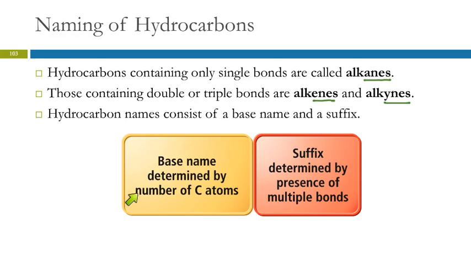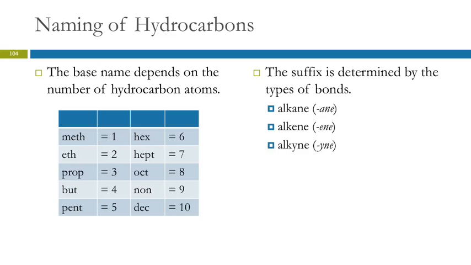The naming pattern here is we have a base name, and that name will be determined by the number of carbon atoms. And then the suffix is determined by whether there are multiple bonds and what kind they are. So the suffix could be ane, ene, or yne.